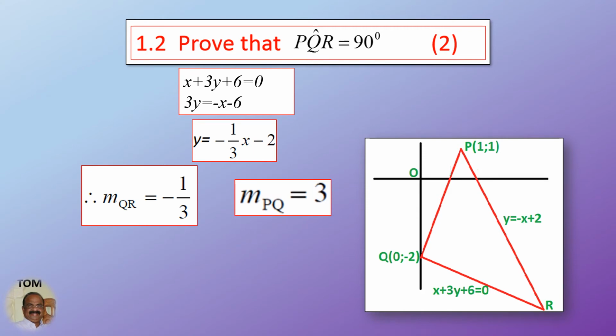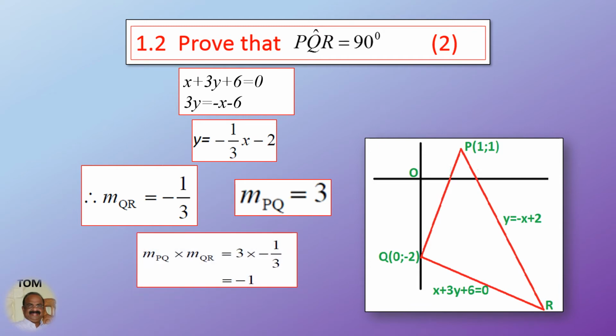We already have the gradient of PQ from the previous question, that is gradient of PQ equal to 3. Now our question is to prove angle PQR equal to 90 degrees, and we have the property that the gradients of perpendicular lines make a product equal to minus 1.